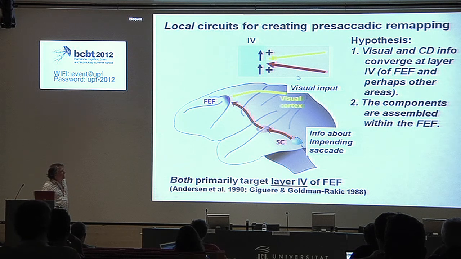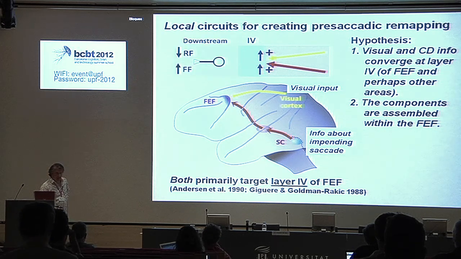Okay. Now, an interesting thing about all of these long-range inputs is that they're all excitatory. Visual input coming from the back of the brain is excitatory. Thalamic input is all glutamatergic. So the direct inputs will only cause increases in activity in the recipient neurons.